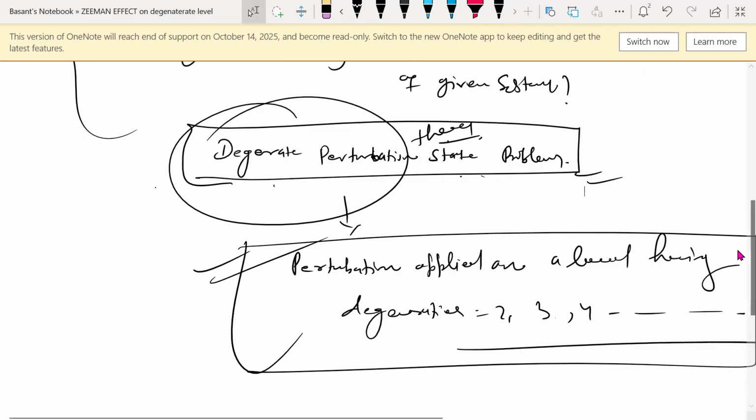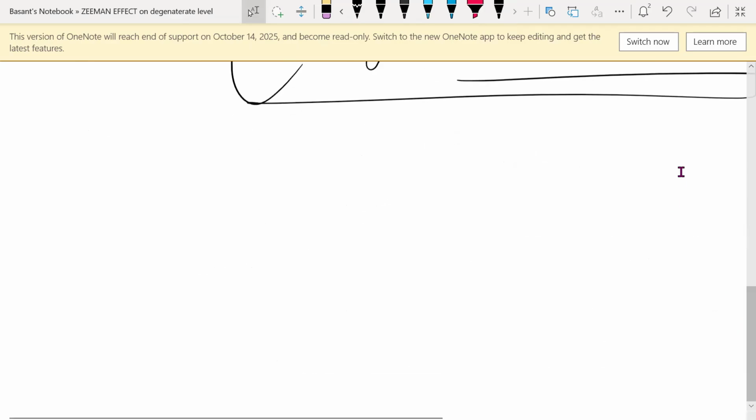Now, for this, first of all, we need to know the wave functions and the energies of this system.